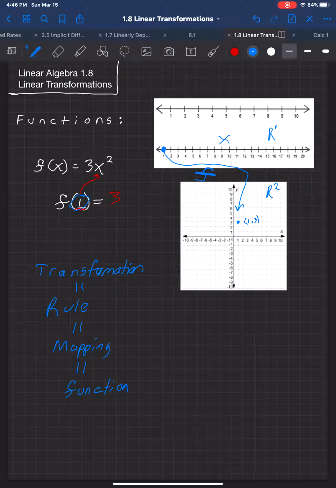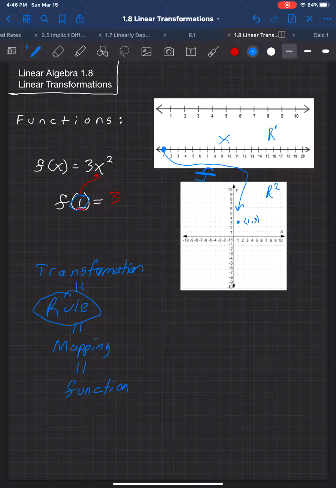So a function is what? A function is a rule. Now, our function, f of x, the rule is 3x squared. In other words, we operate on x by first squaring it, and then we multiply it by 3. That's the rule.